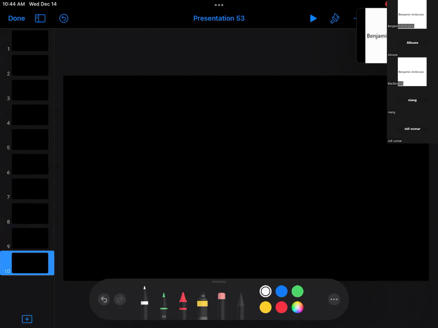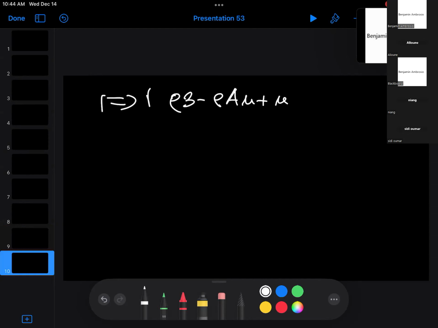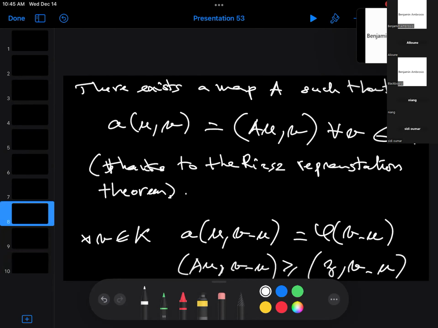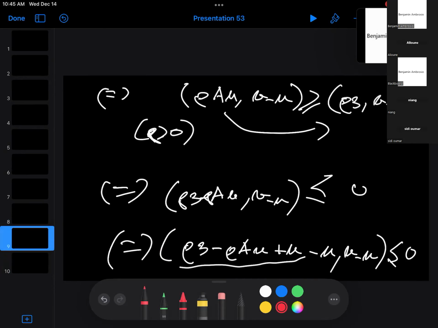So this is equivalent to the projection on K of rho z minus rho A u plus u equals u. So the conclusion here, this is what I want to prove. I can rewrite it like that, and this is equivalent to that.